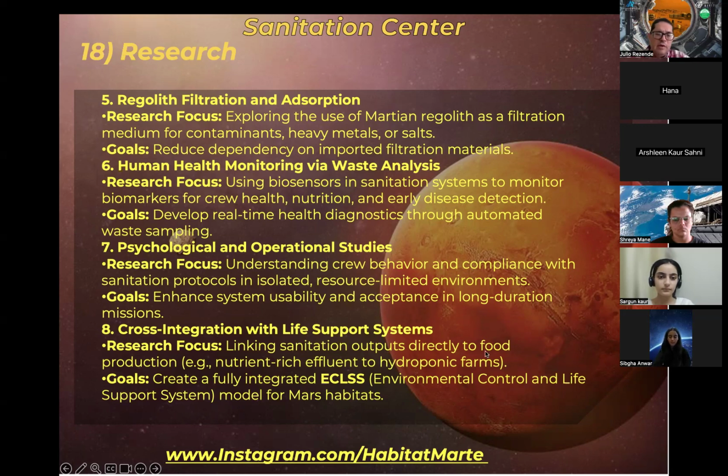It is a very, very interesting area of research. As I mentioned at other times, the sanitation center is like the heart, the lungs, and also the intestine of the station, because if something is not working properly, the operation of the station would collapse.